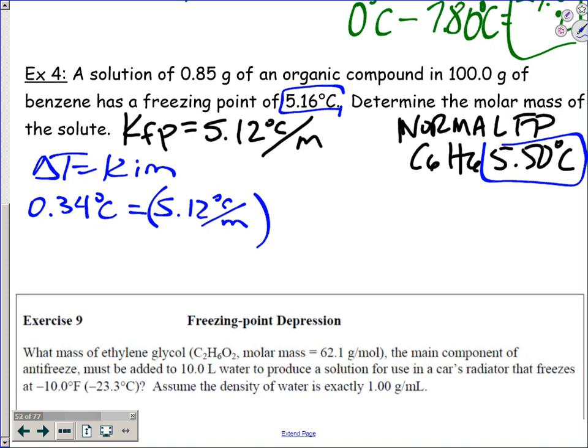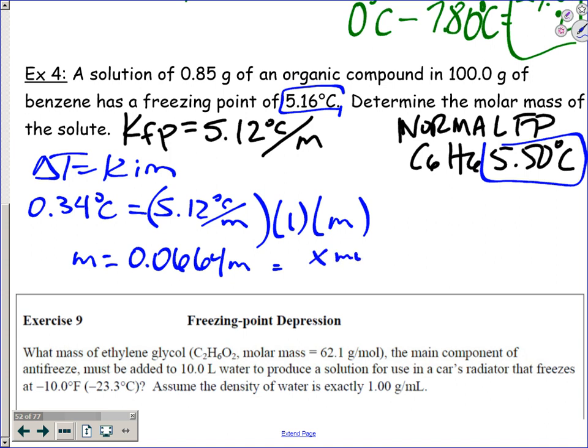The i factor for organic substances would be what? 1, and then we're just looking for molality. When you solve for molality, what do you get? 0.0664. Okay, and then this is M, which is equal to moles of solute over what?